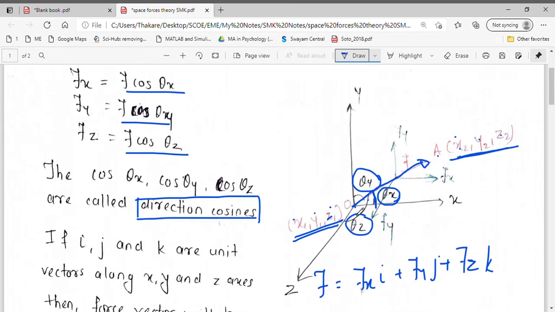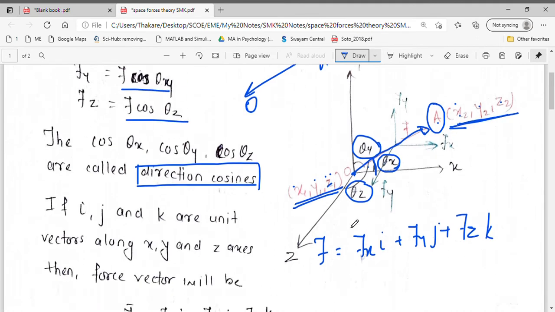The force is acting from O to A, so we are subtracting A coordinates minus O coordinates. If the force was acting from A to O, we would do O minus A. But here the force is going from O to A, so we are doing x2 minus x1. So that is your Fx, Fy and Fz.